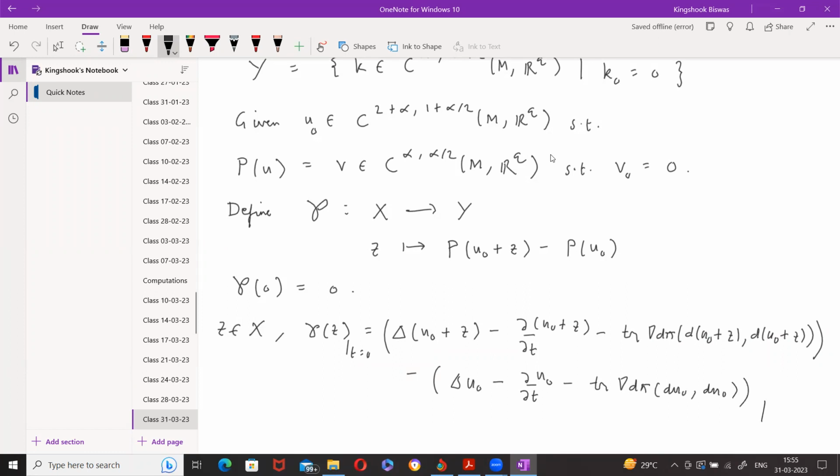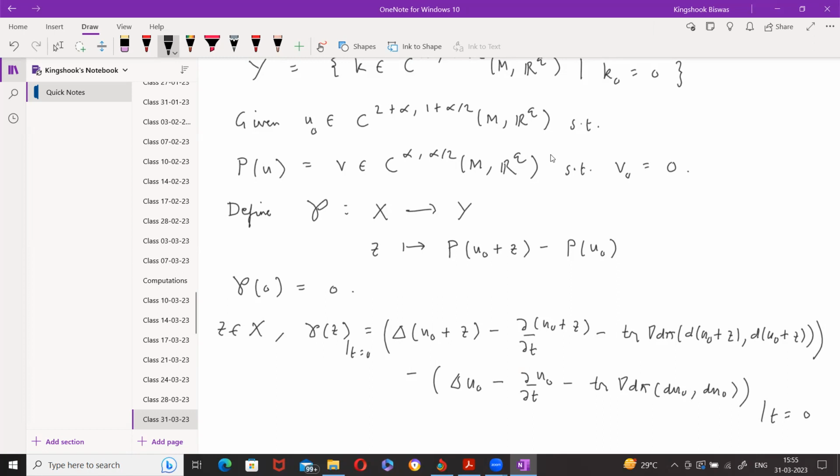The whole thing at time t equal to 0. I have to check that this is 0 at time t equal to 0, in order to say that I take values in the Banach space Y, the space of curves which take the value 0 at time 0.